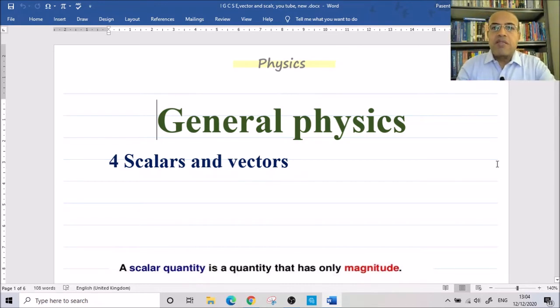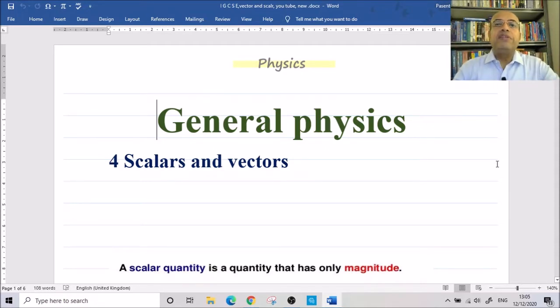When I say I throw this marble 5 centimeters, you have to ask me where. You throw it up, down, right, left, so we need direction. Quantities in physics identified by both magnitude and direction are called vector quantities.